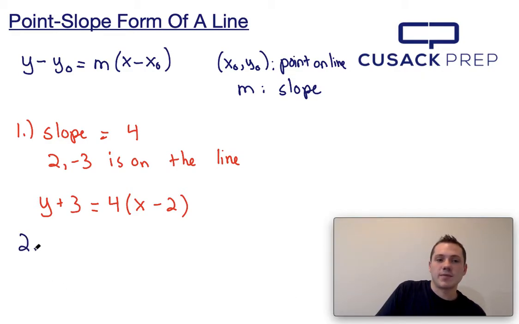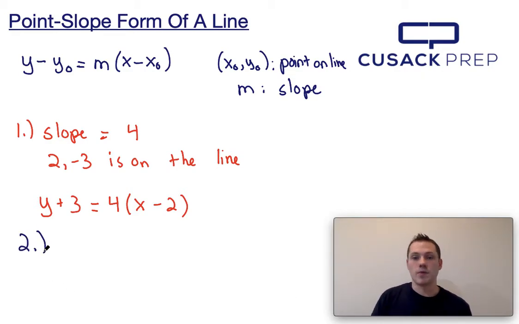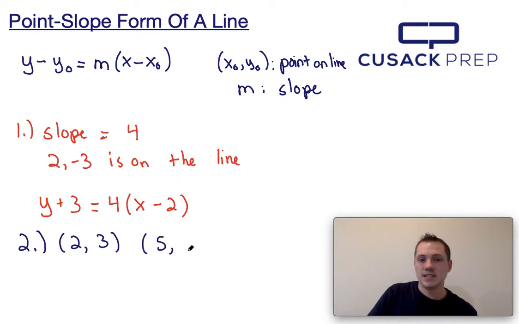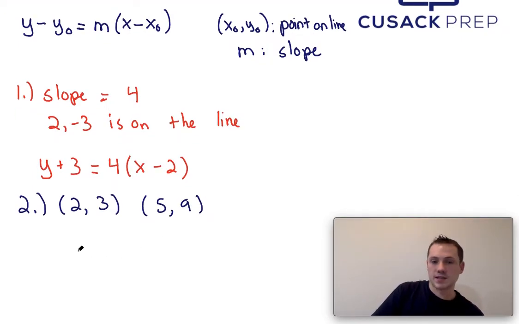Let's say instead of providing you with a slope, I gave you 2 points. So maybe I gave you the point 2 comma 3, and I also gave you the point 5 comma, let's do 9. So what I have to do here is figure out the slope.